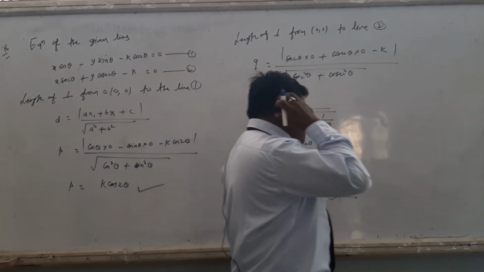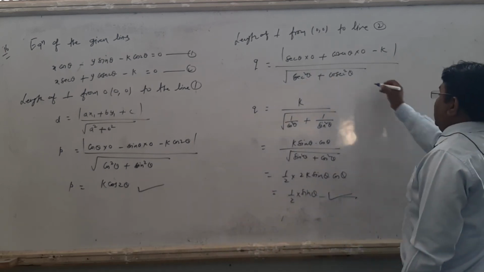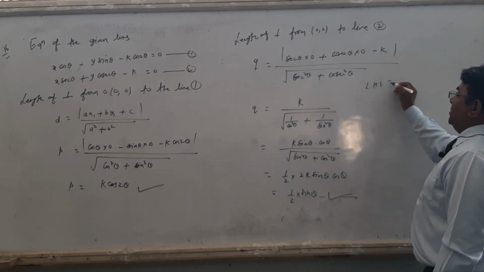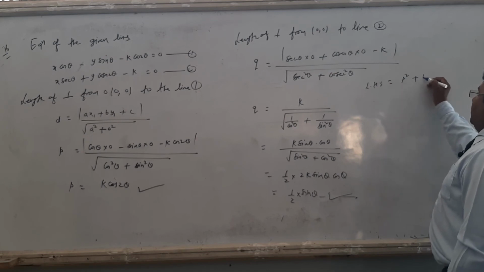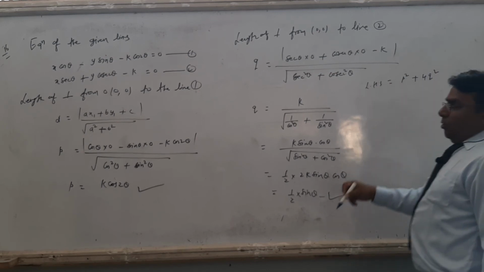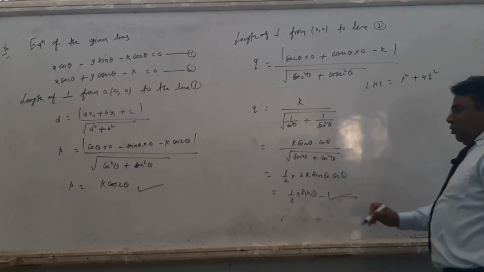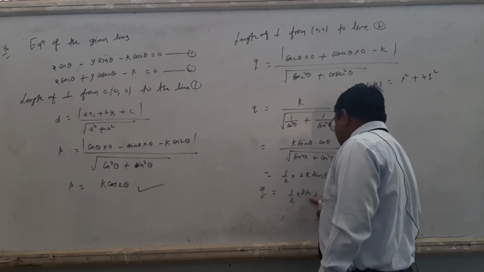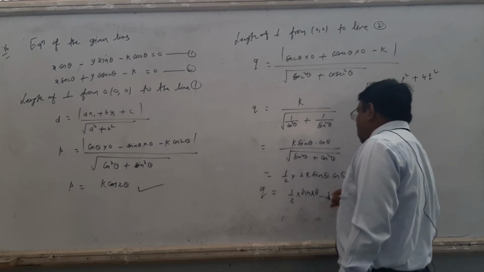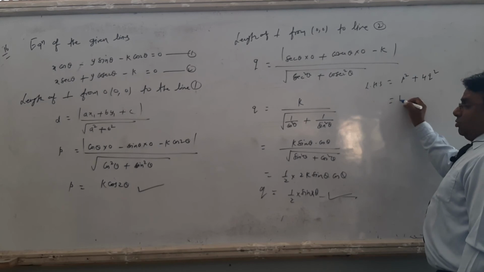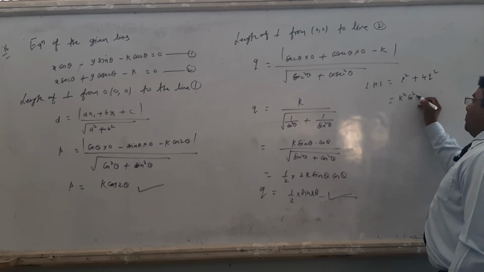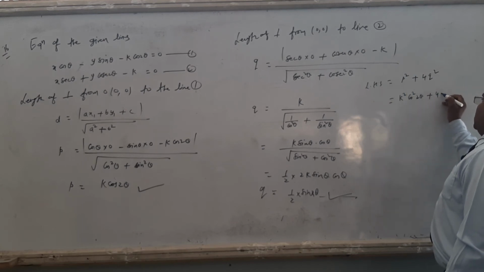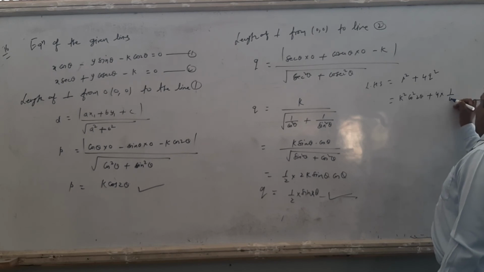But now the proving part. Taking the left hand side, the left hand side is p square plus 4q square. The value of p is k cos 2 theta and the value of q is 1 by 2 sin 2 theta. So p square is k square cos square 2 theta, and 4 as it is, the value of q square is 1 upon 4 sin square 2 theta.